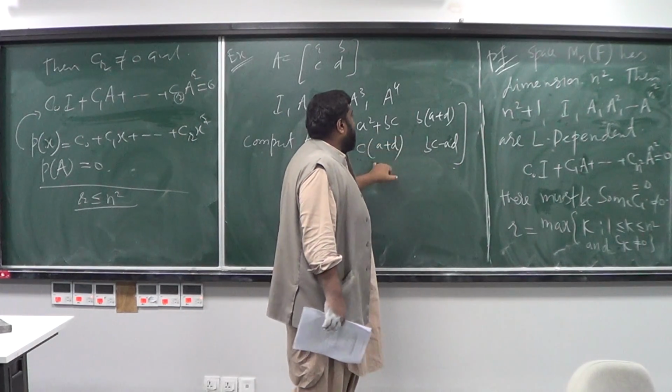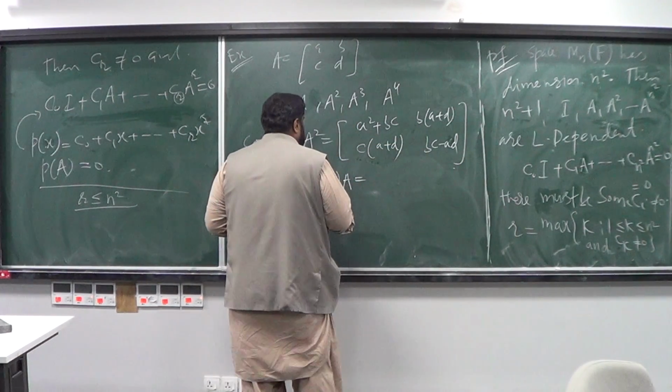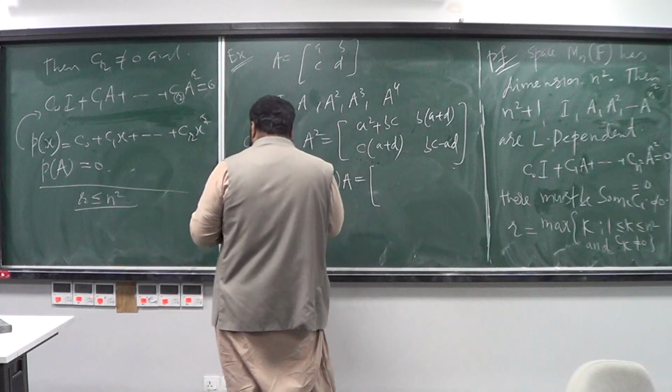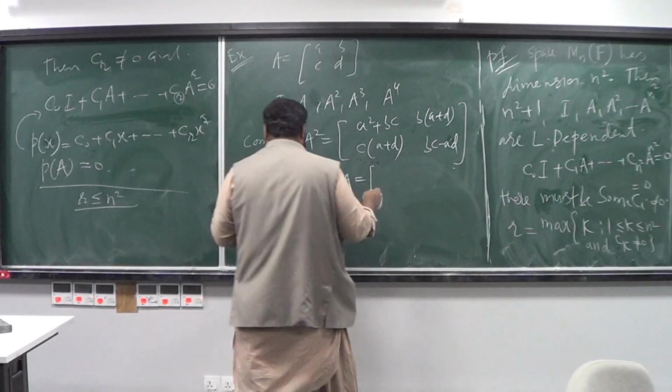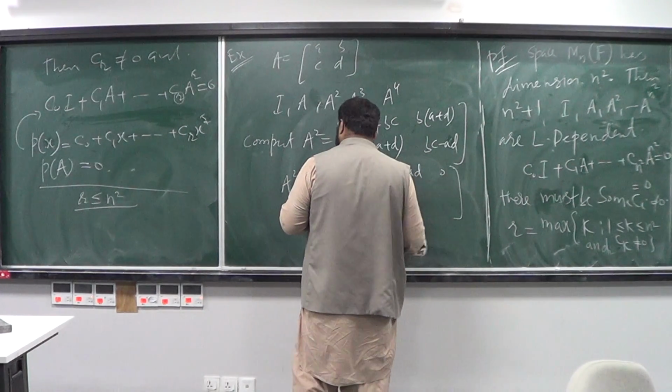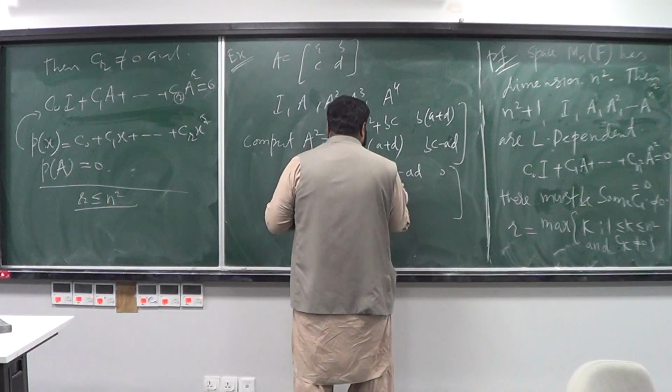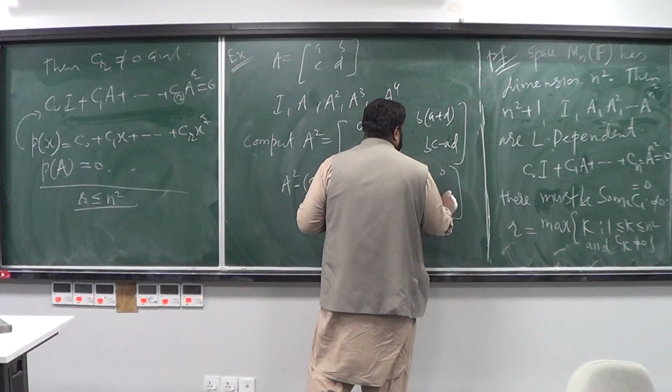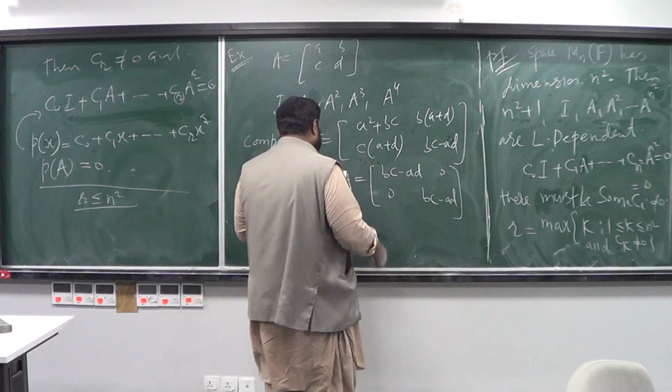And the matrix that you finally get is BC minus AD, 0, and 0, BC minus AD.